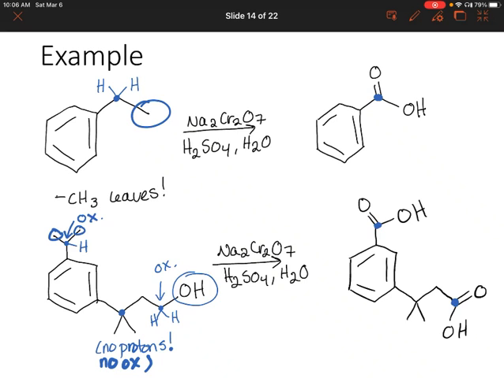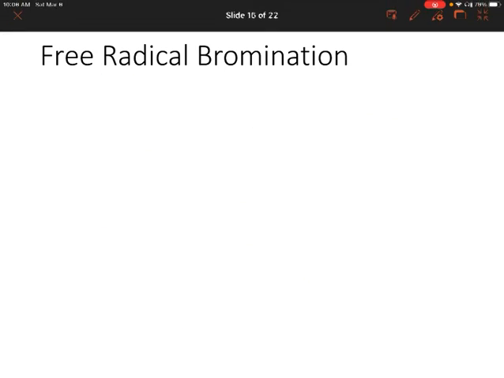Okay, so let's look at a different type of reaction that can occur at the benzylic position. So one reaction we can do is free radical bromination. So let's say we have toluene again. And we're going to add NBS and either heat or light, either one is fine.